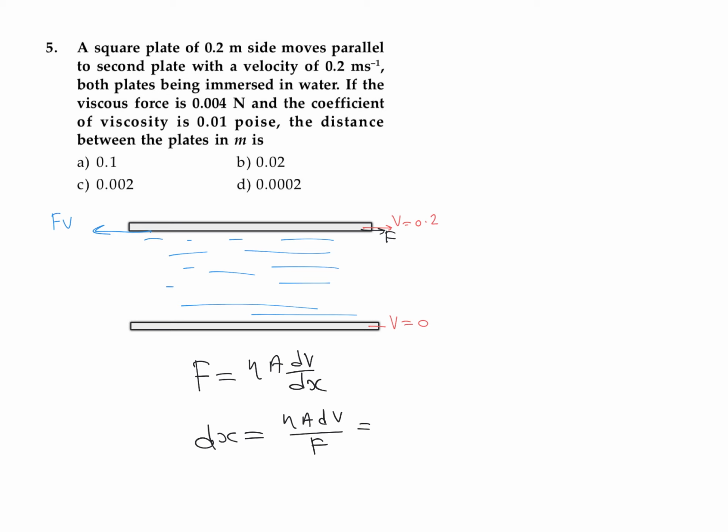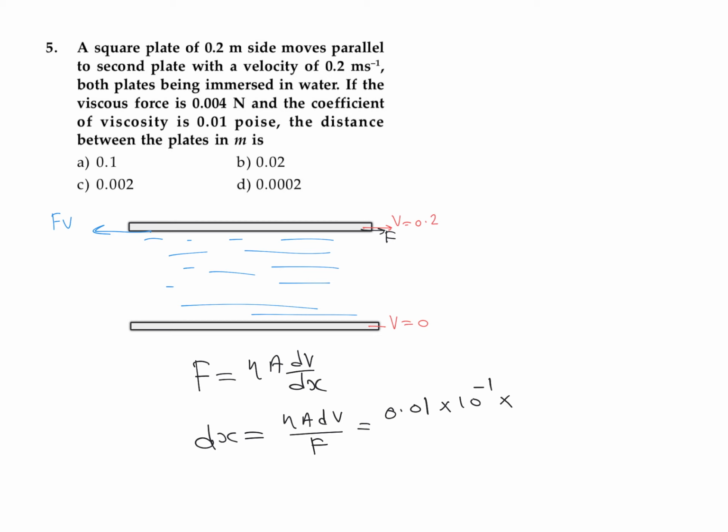Here the value of eta is given as 0.01, but it is given in poise. So we know that the relation between poise and Poiseuille is 10 poise is nothing but 1 Poiseuille. So we need to convert this poise into Poiseuille by multiplying it with 10 raised to minus 1.